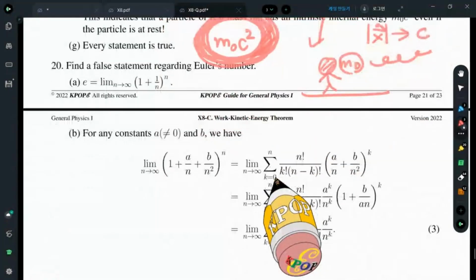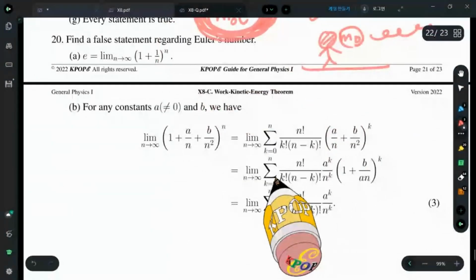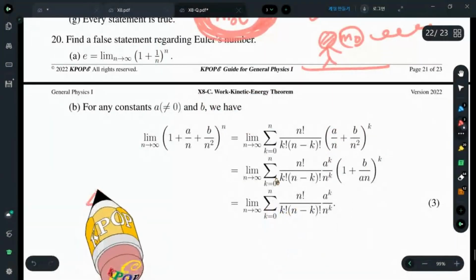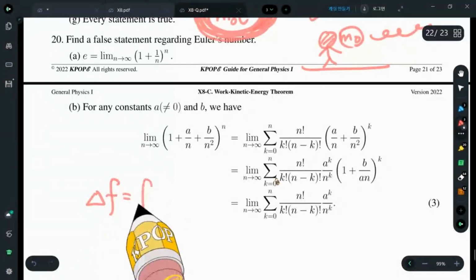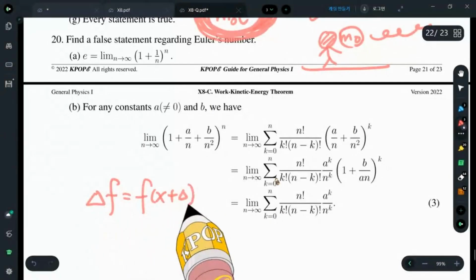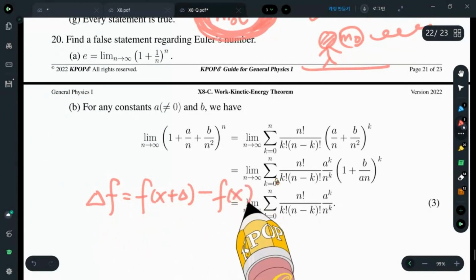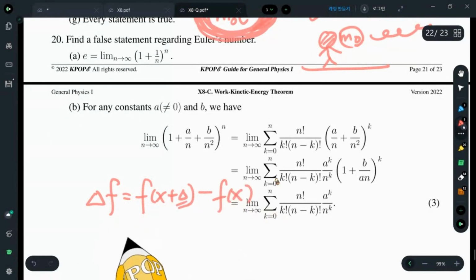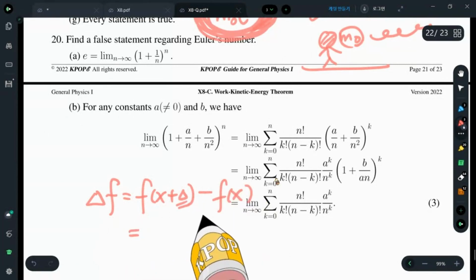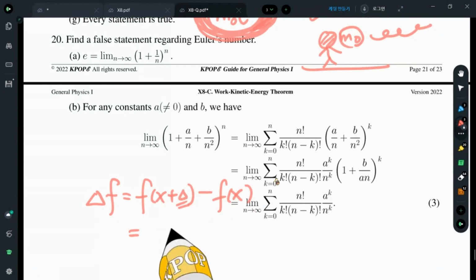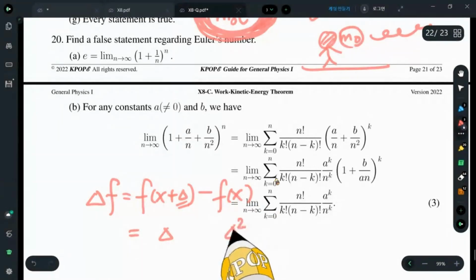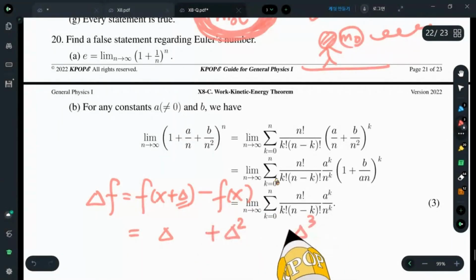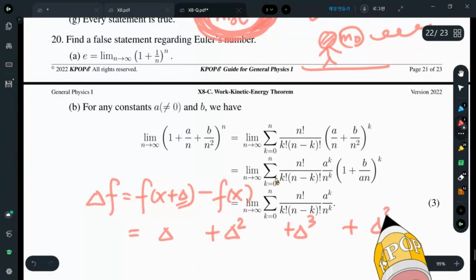Finally, when we make a differential, the finite change in a function, varying a variable x by a finite amount, according to the Taylor series expansion, we find it is a sum of various terms expanded as a power series.